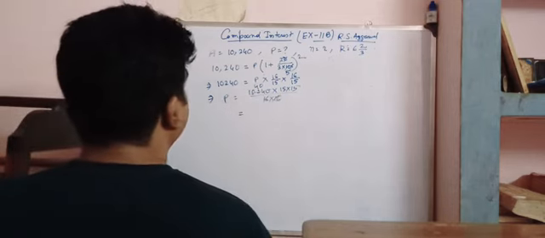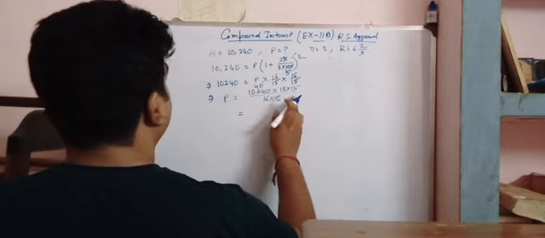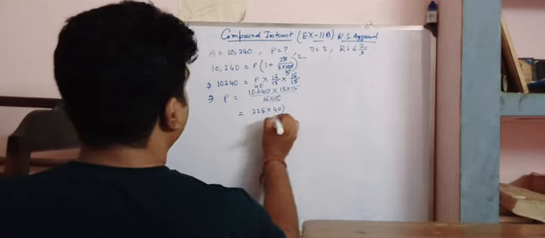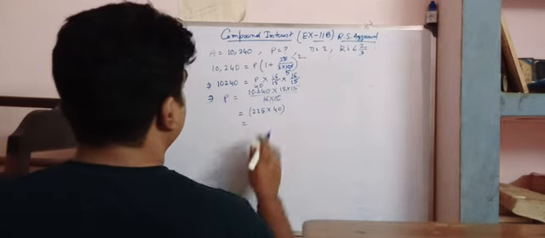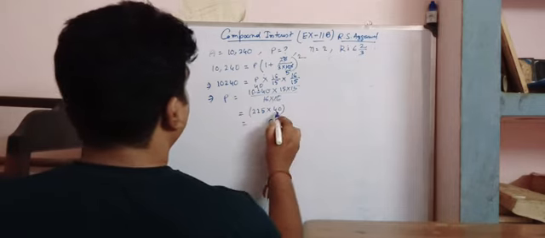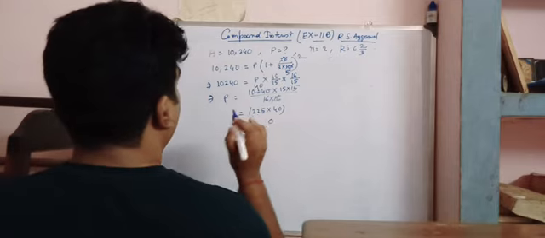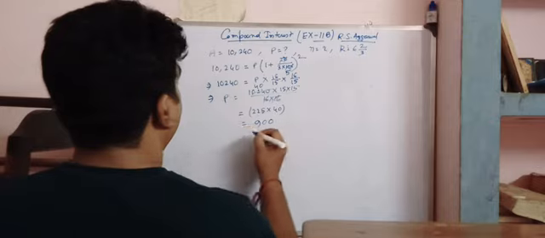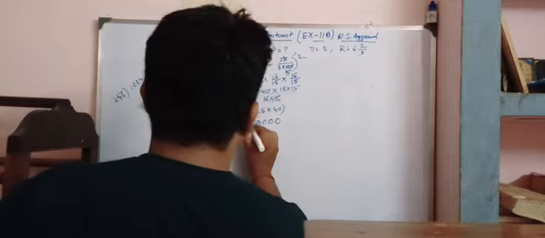So my principal should be 225 into 40, principal should be rupees 9,000.